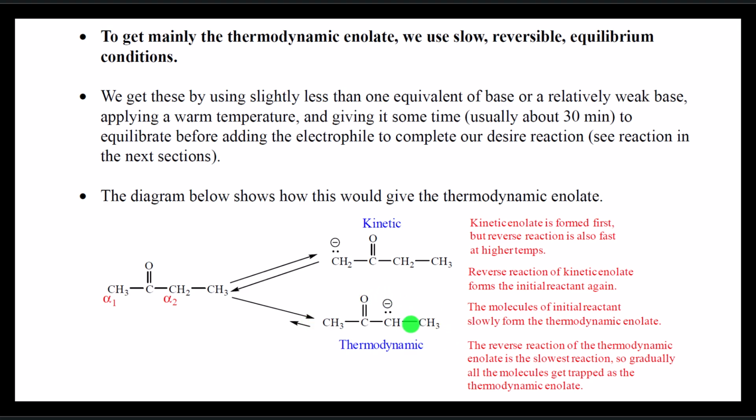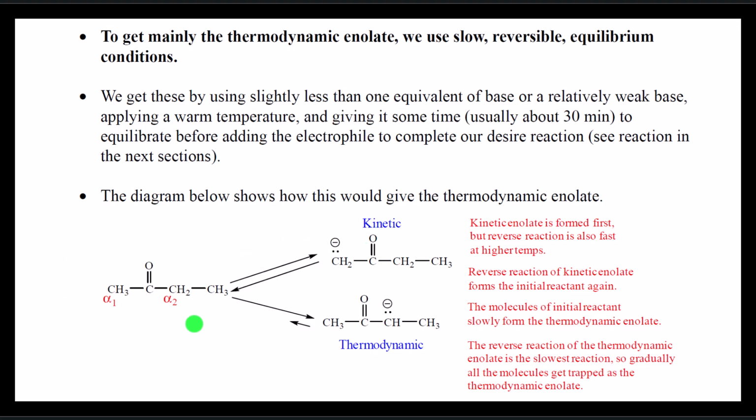The thermodynamic enolate is much more stable than the kinetic, so the activation energy to go in the reverse direction is much higher. Therefore, the reverse reaction from the thermodynamic enolate is much slower. What we see is a situation where we rapidly form the kinetic enolate, but then it begins to equilibrate backwards.